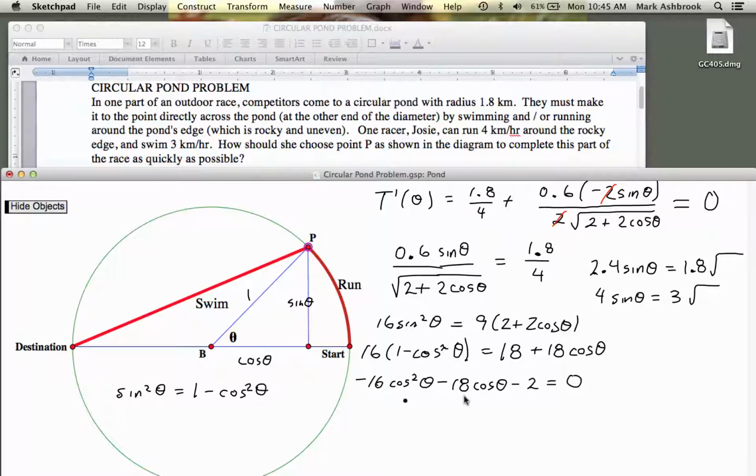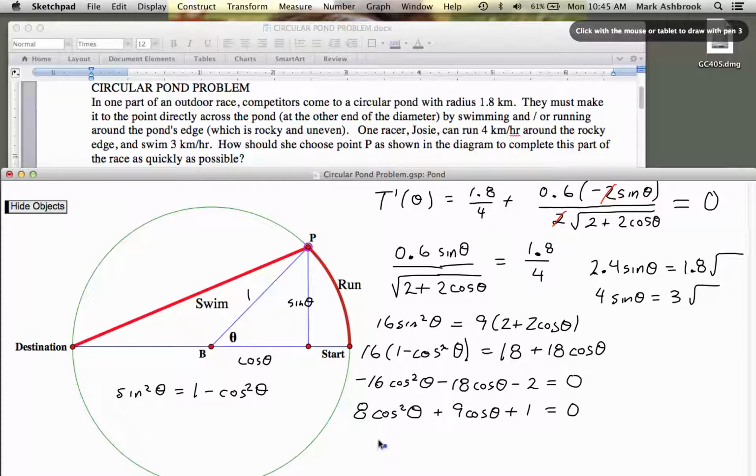And then I want to divide by negative 2. So I get 8 cosine squared theta plus 9 cosine theta plus 1. Okay, and this is basically the same as 8x squared plus 9x plus 1, where I just said x equals cosine theta.